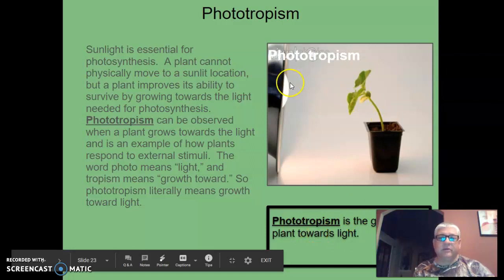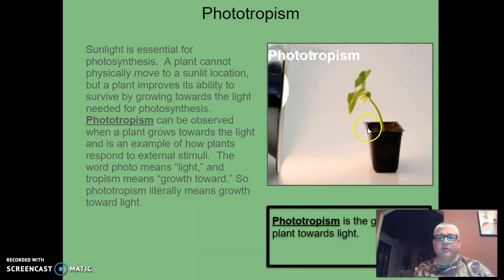So the plant starts growing towards the light. If you spun this plant around, it would be out this way for a little while, and then over time it would start to bend back toward the light. That helps those leaves. These are like photocells, sort of.